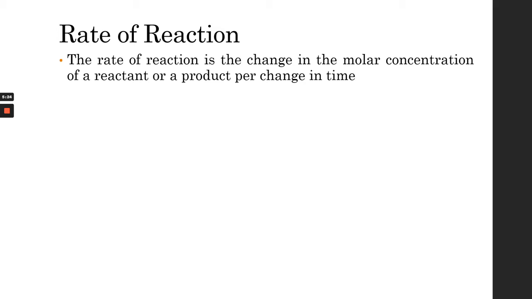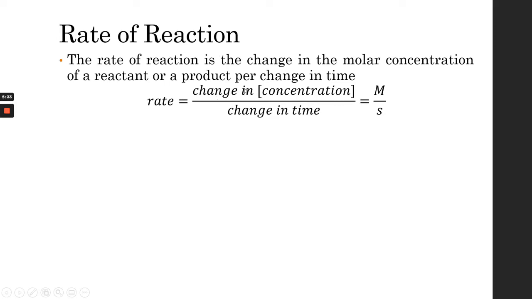And what we are measuring over this period of time is actually the change in the concentration of a reactant or product. So rate is basically equal to the change of concentration. And in chemistry, when we talk about concentration, we usually add brackets on the elements.